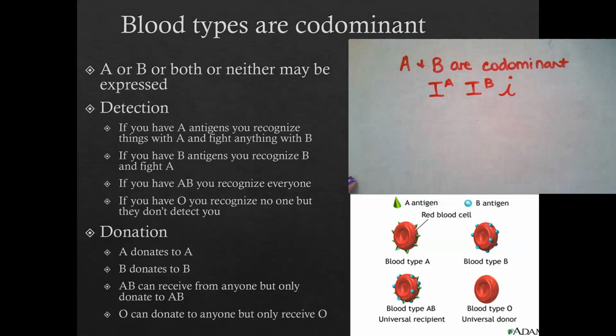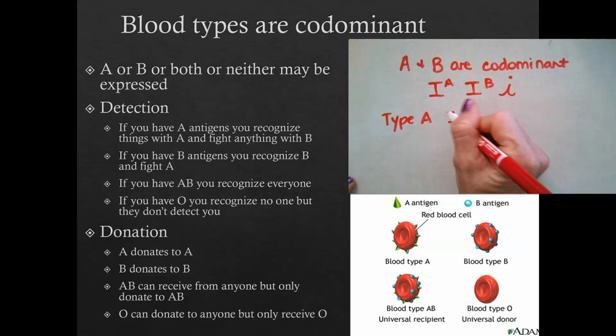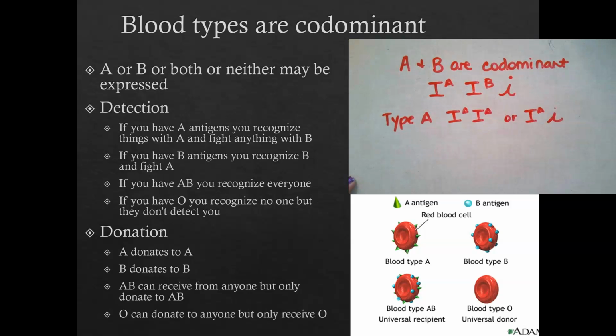So if you were going to be blood type A, you could be either AA or AO. If you were blood type B, you could be BB or BO. If you're type AB, then you have to have A and B. And if you're type O, you have two of the O alleles.